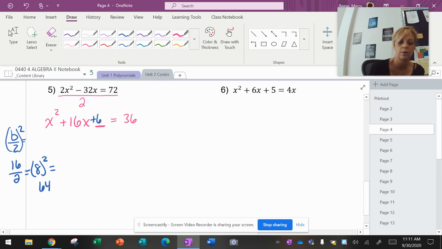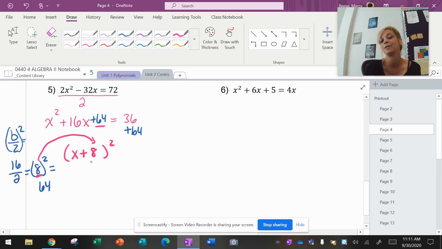That 64 is what I add to both sides. And then, remember, that 8 always dumps back in here, because what multiplies by itself to get 64? 8 times 8. What do you add to itself to get 16? 8 plus 8.